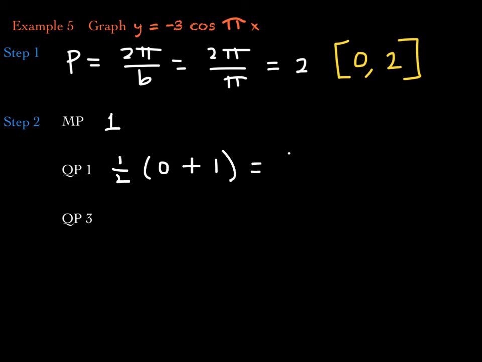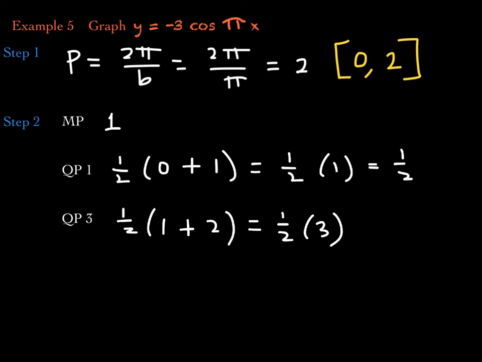So it'll be half of 1, which is just 1/2. And then your third quarter point will be half the sum of your midpoint and your right endpoint. So it'll be half of 3, so it'll be 1.5. Okay, 1.5. All right, cool.